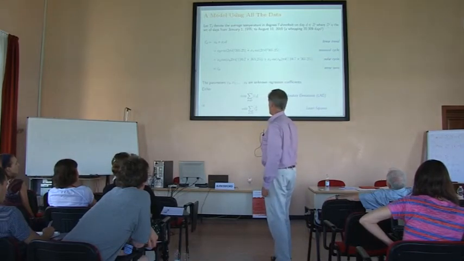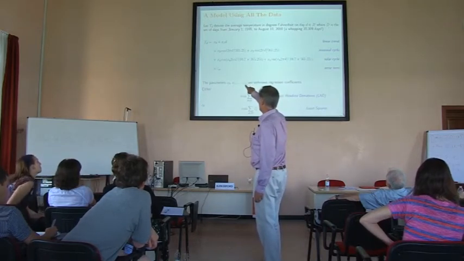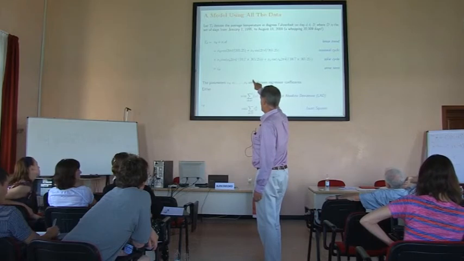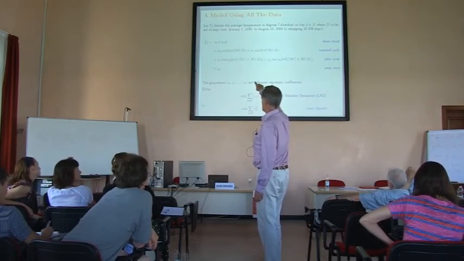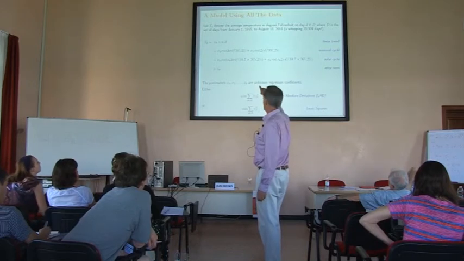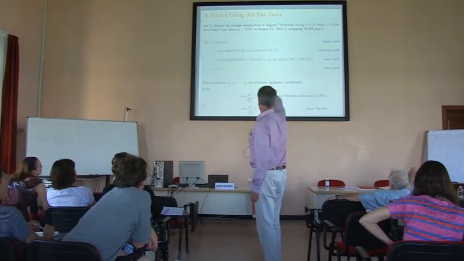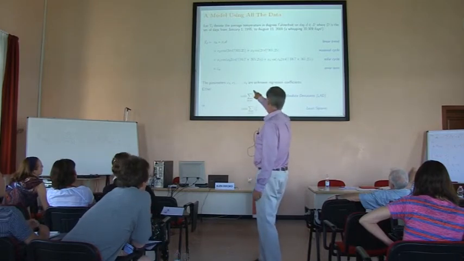So then we write down a model where the temperature on day D is going to be an intercept plus a linear term that increases with the day, plus a seasonal cycle that operates over a year of 365.25 days, plus a term that oscillates over the solar cycle of 10.7 years, and then we have an error term.